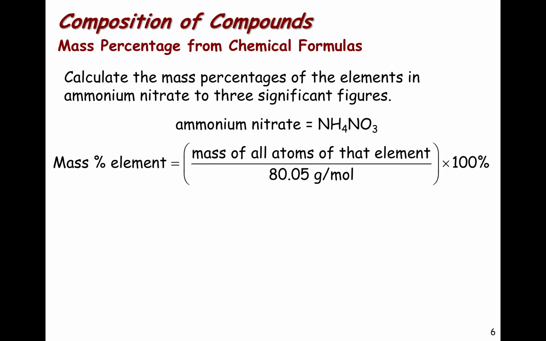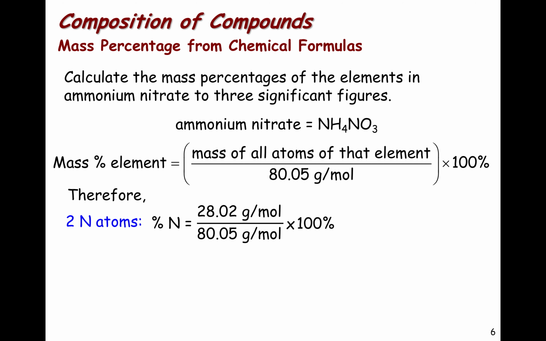In this example, we're going to calculate the percentage of each element in the formula of ammonium nitrate. In this case, we are going to take the mass of each of the elements and divide by the total mass, and then multiply by 100. In the case of nitrogen, there are 2 nitrogen atoms, so we would first look at the periodic table and see that the nitrogen is approximately 14. 2 times 14 is 28, a little bit more than that.